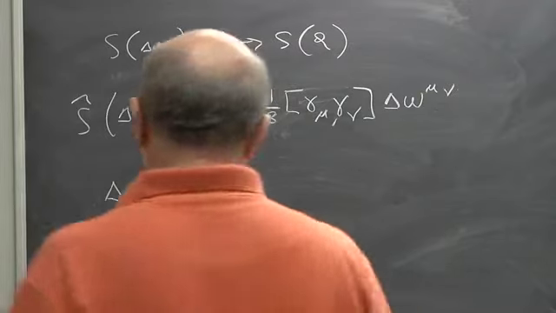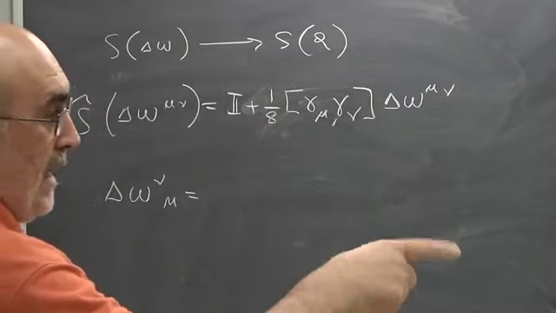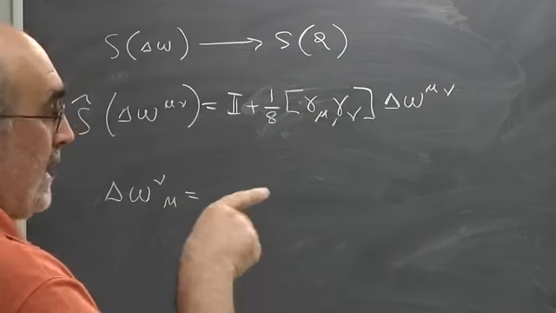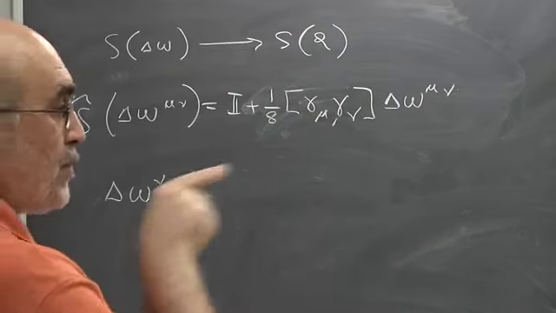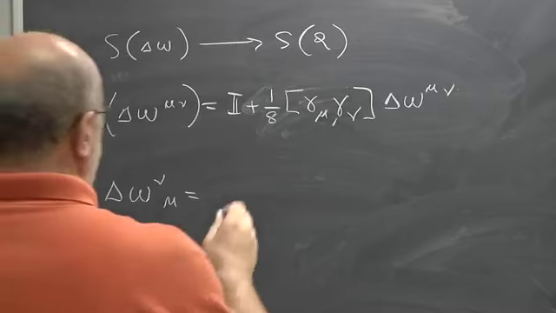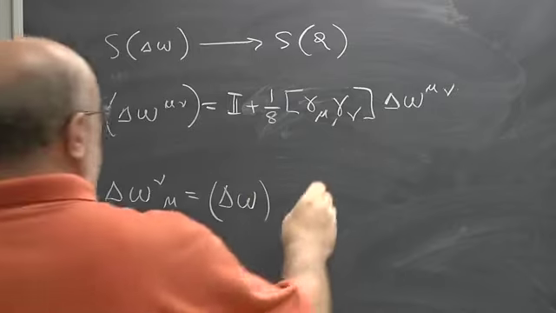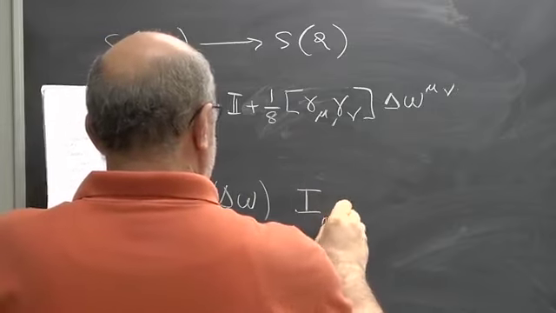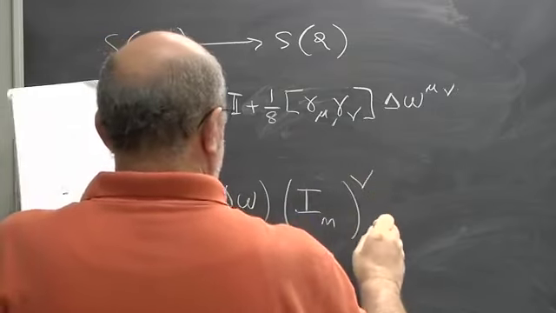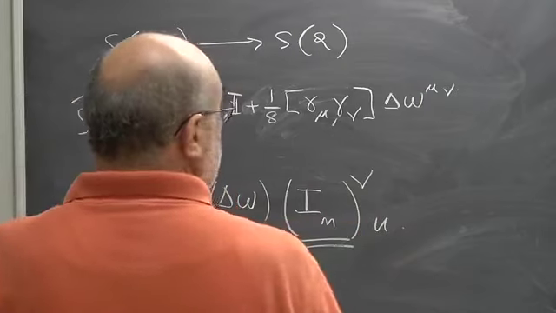For example, the delta phi was a rotation along x3. The delta beta was a boost along one direction. So let's suppose there is just one parameter. Let's call that delta omega. And then there will be a matrix that we will indicate in this manner.